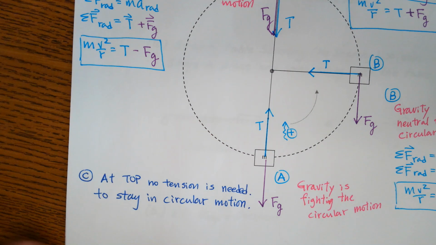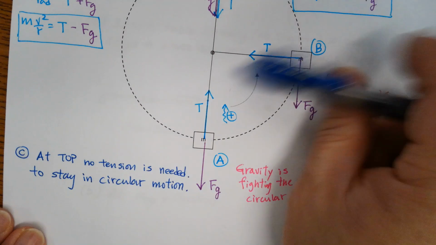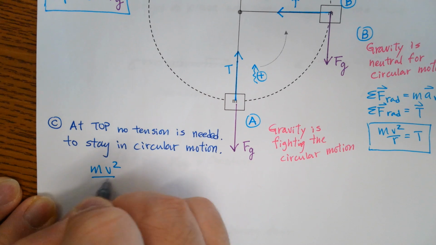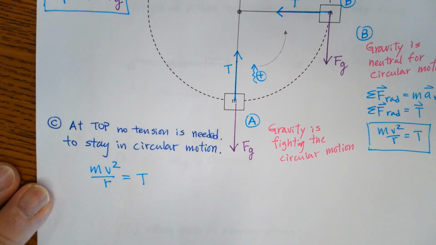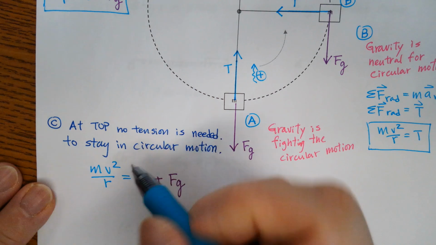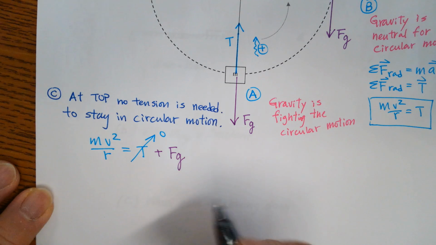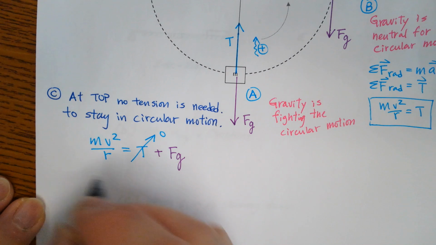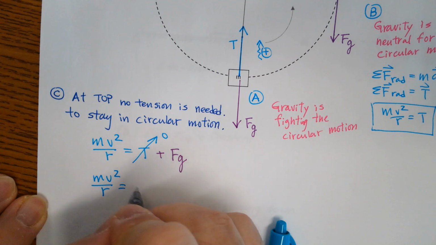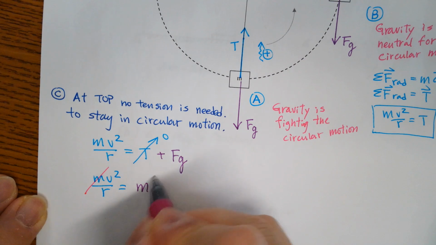If I take a look at this equation, m v squared over r is equal to tension plus Fg, but the tension goes to 0. So all I have is m v squared over r equal to just mg. Look what happens to my mass: my mass cancels out.